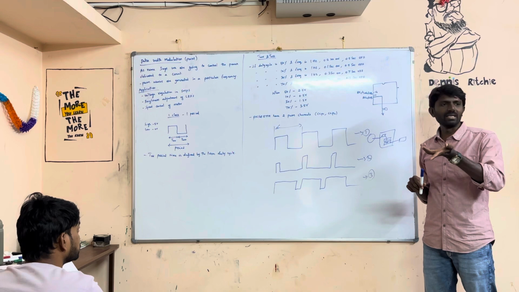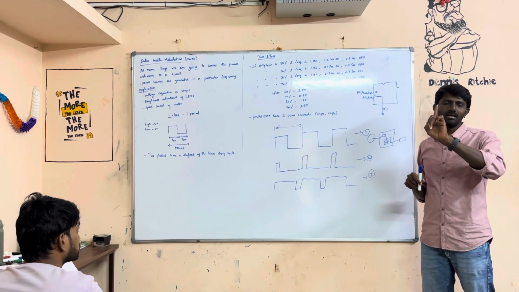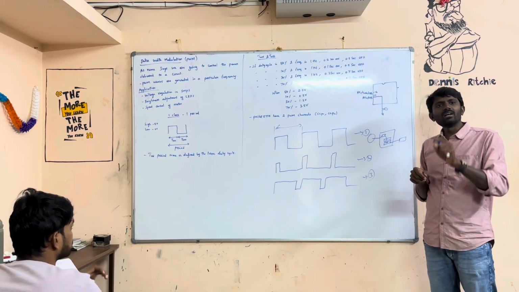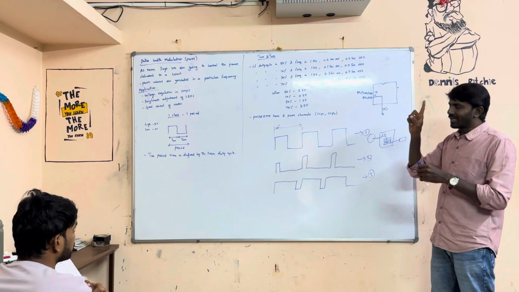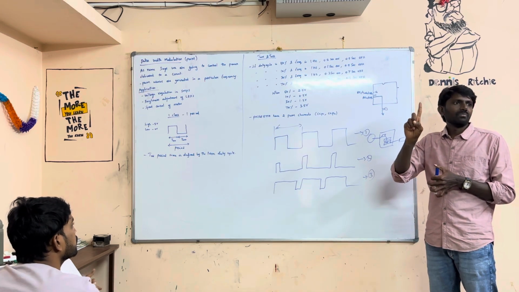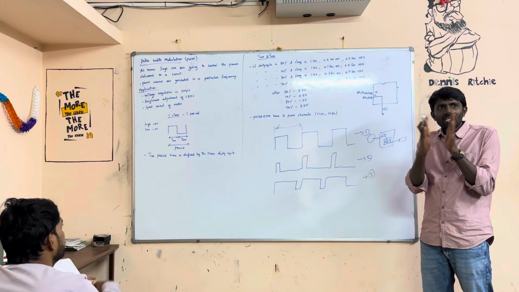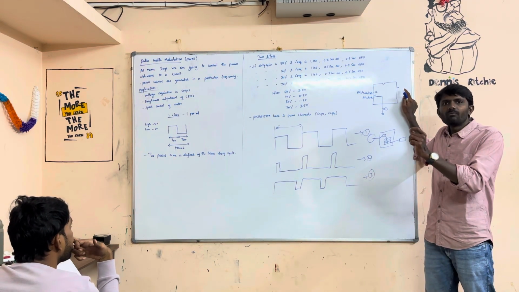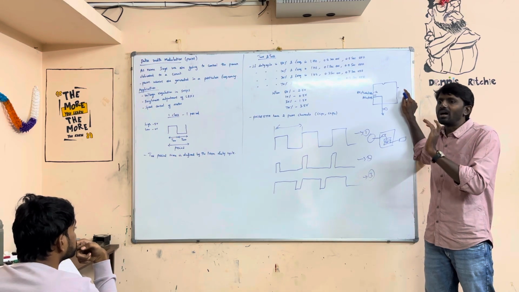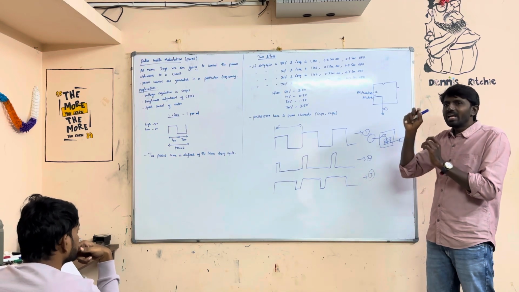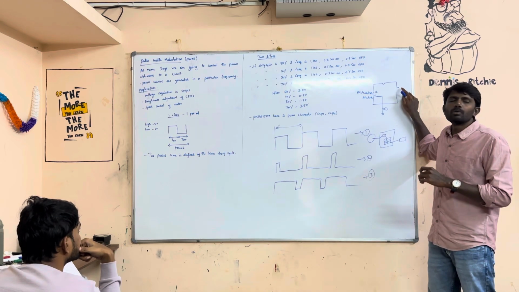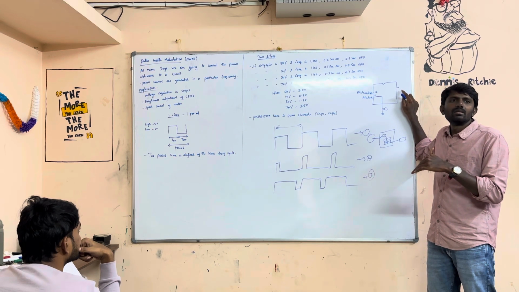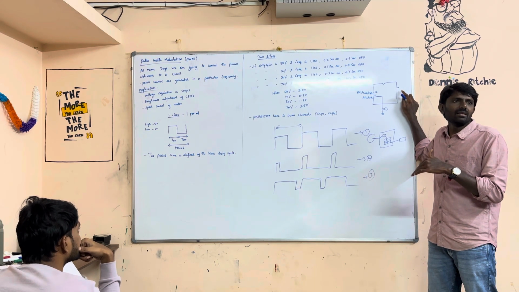So it will generate only 1 clock in 1 second. So 50% of the time the output voltage will be on, and 50% of the time it will be off. It means for 0.5 second you will get 5 volt, and for 0.5 second the output voltage will be 0 volt. Everybody getting? Okay.